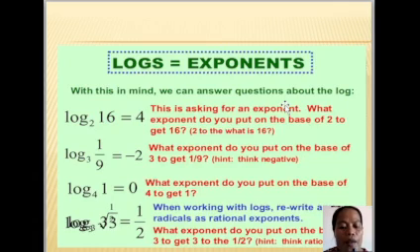So we have 3 to the power of 1/2 is equal to the square root of 3.